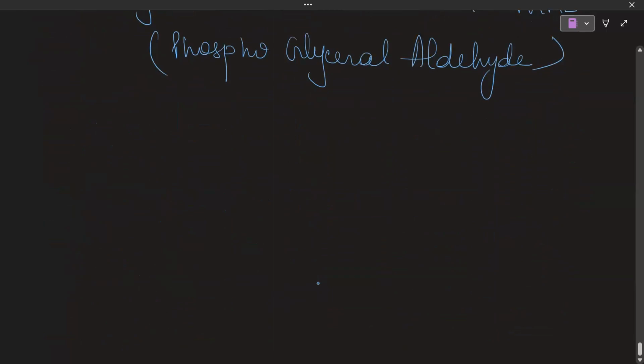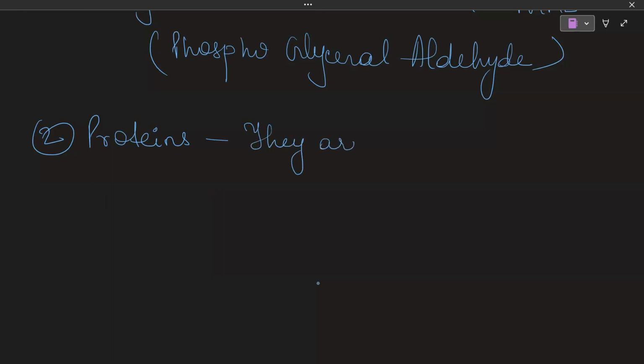All right. Now let us talk about the second type of substrate, that is the protein. Proteins are made up of what? Amino acids. Very good. So proteins are converted into amino acids. Since we are converting them into amino acids, it means we are breaking down the protein, degrading the protein.